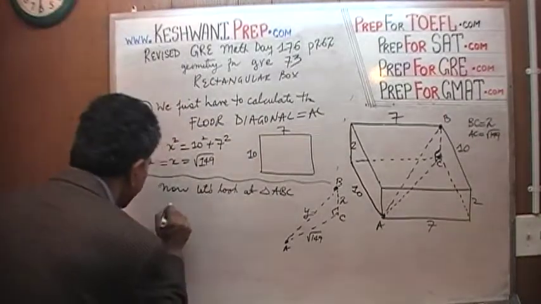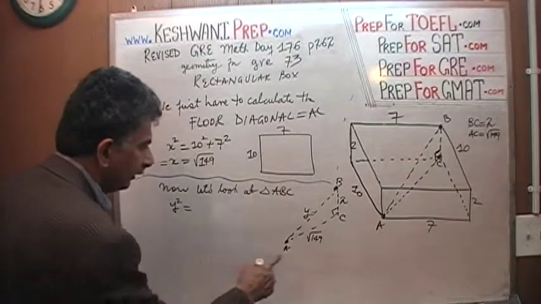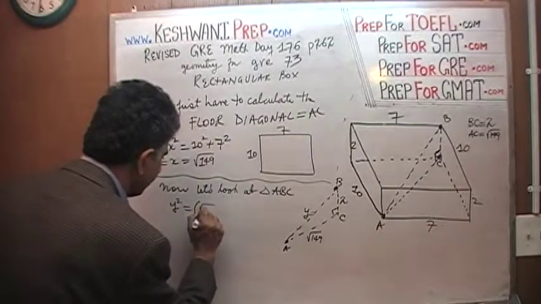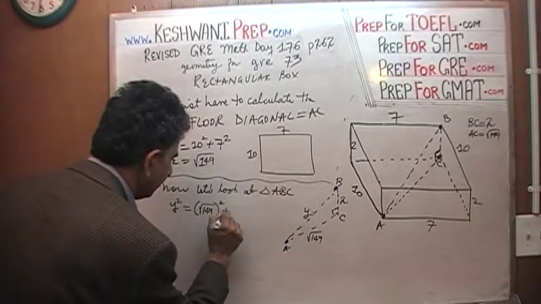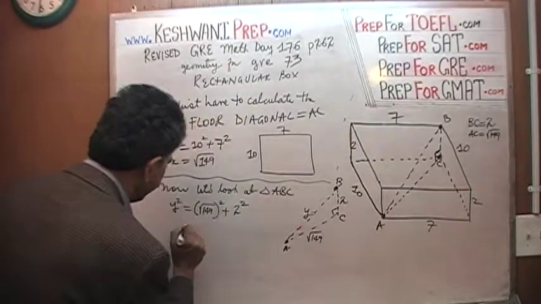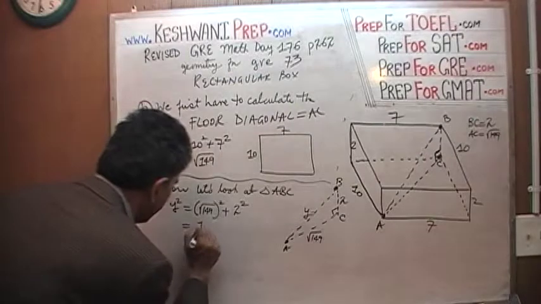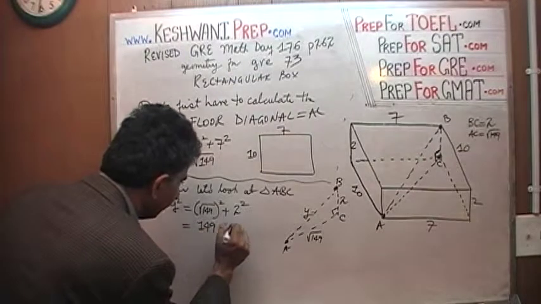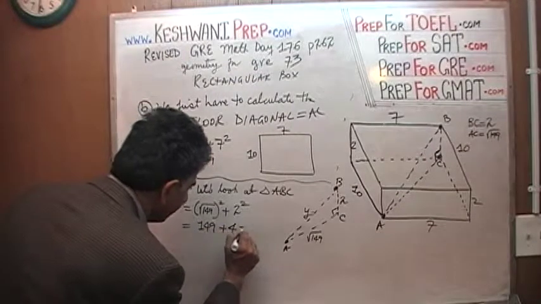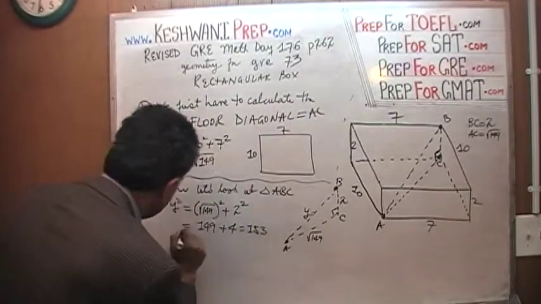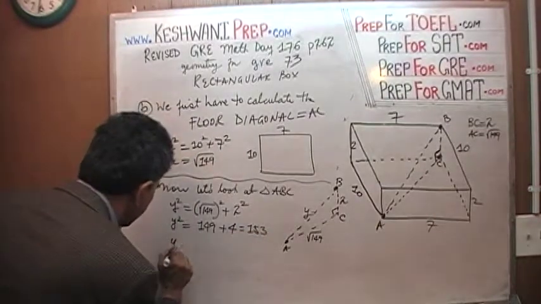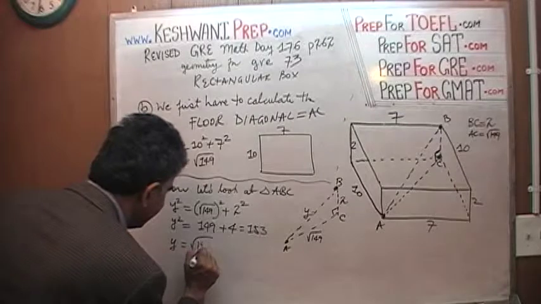So y squared equals the square of the square root of 149, plus the square of 2. The square of the square root of 149 is just 149, plus 2 squared, which is 4, so we get 153, which is y squared. Therefore y is the square root of 153.